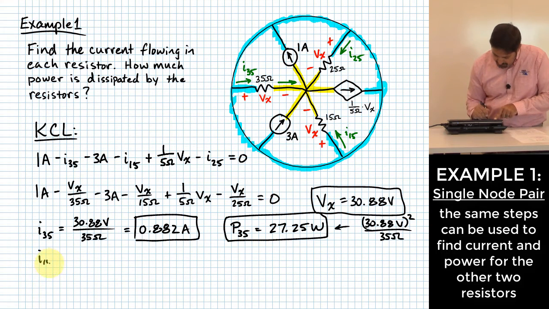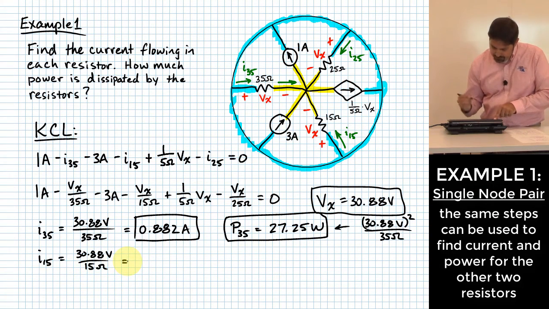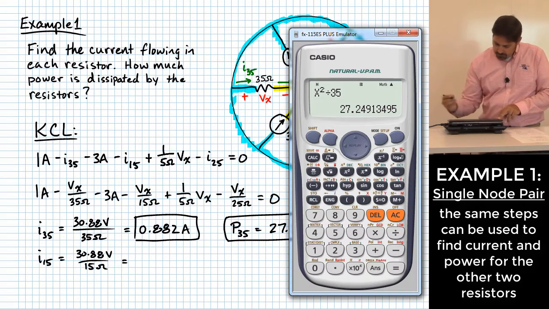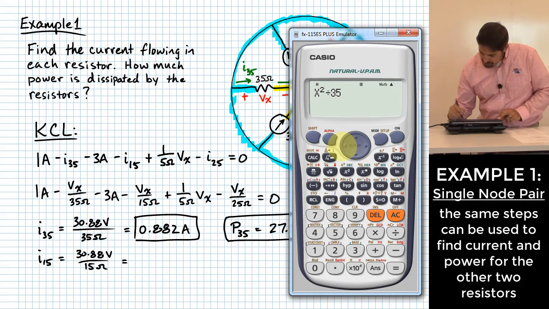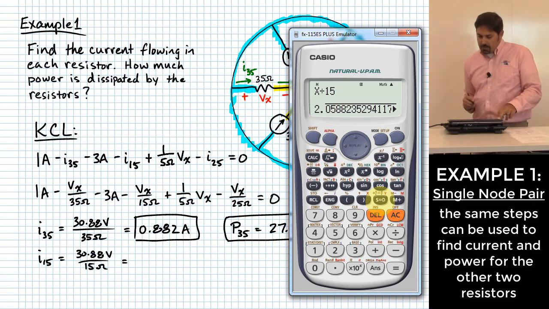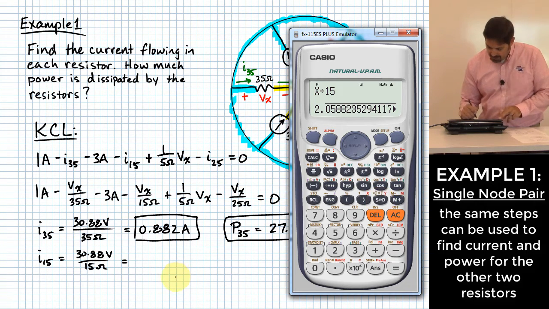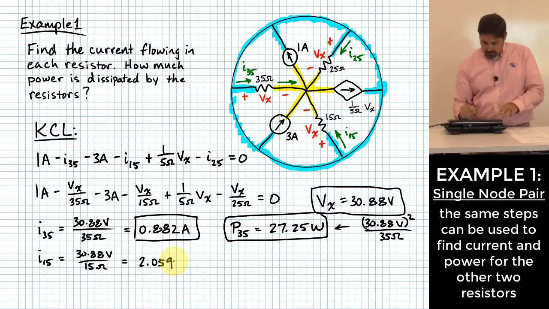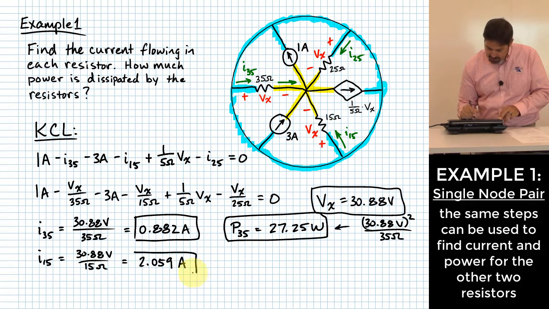I-15 will just be 30.88 volts over 15 ohms. So no difference here other than getting rid of that square again, and then going over here and doing 15. 2.059, and again it'll be amps for that current.